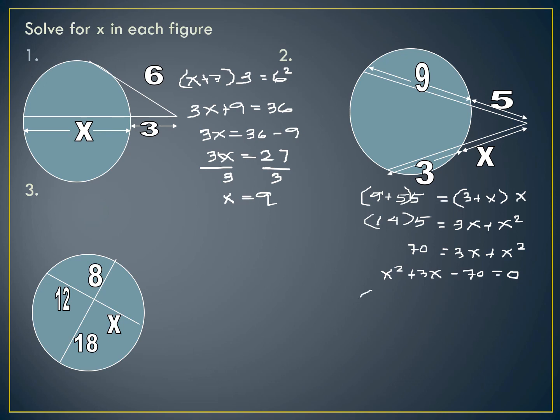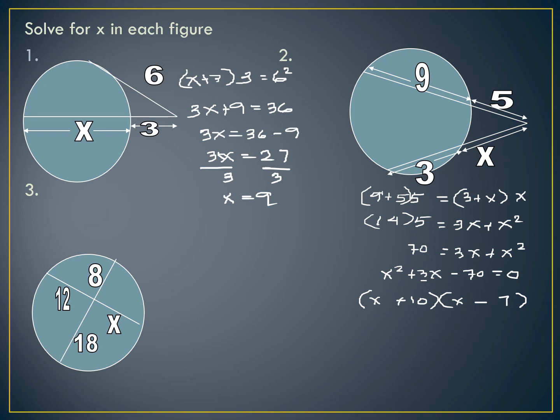Hanap tayo ng factors ng negative 70 na may sum na positive 3. So, ano kaya yung dalawang factors ng negative 70 na may sum na 3? So, it could be positive 10 and negative 7.